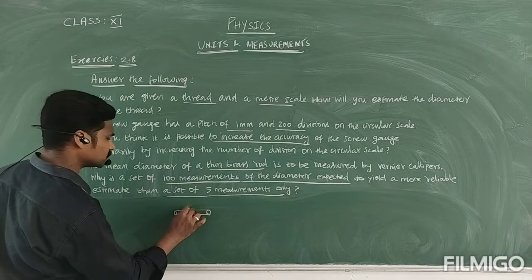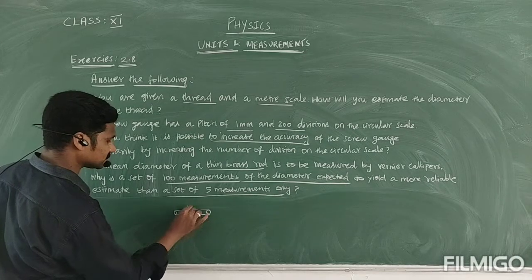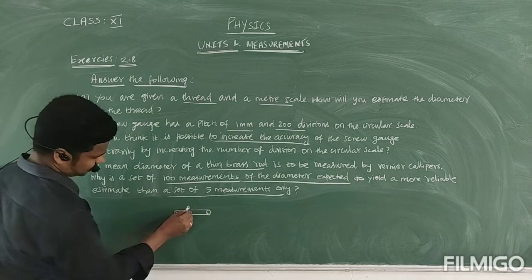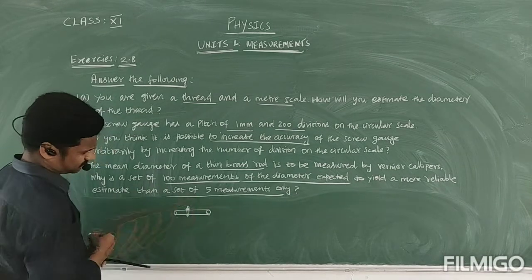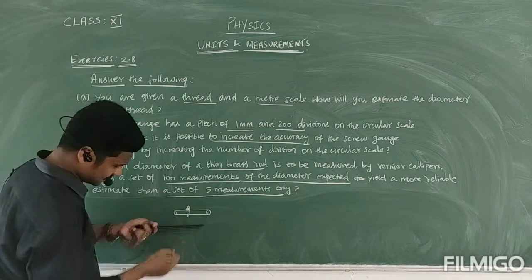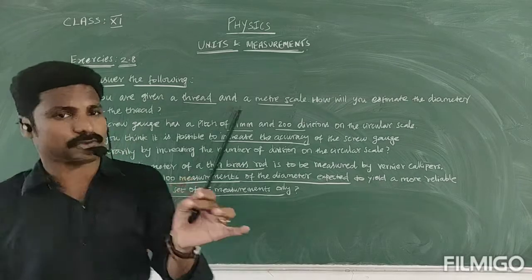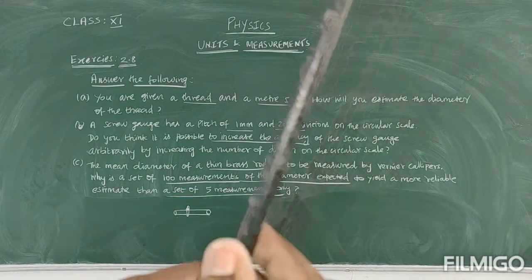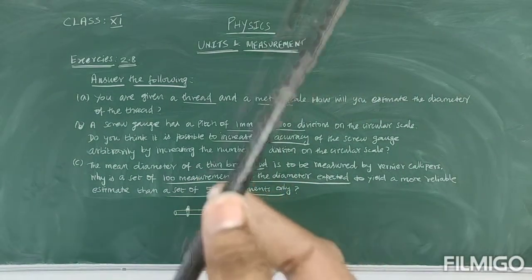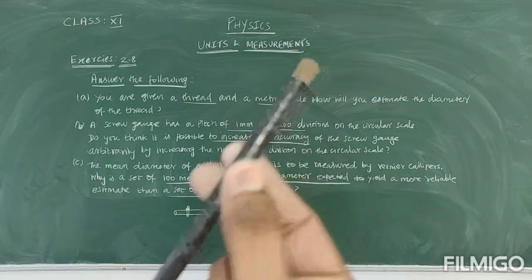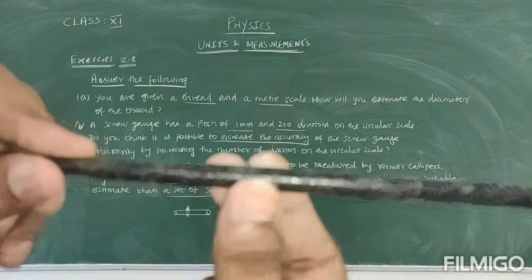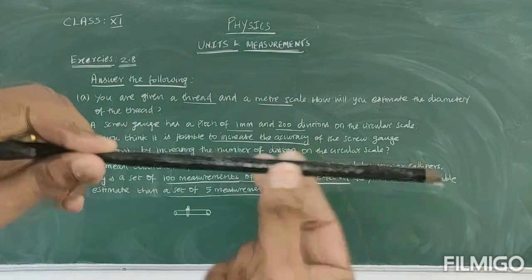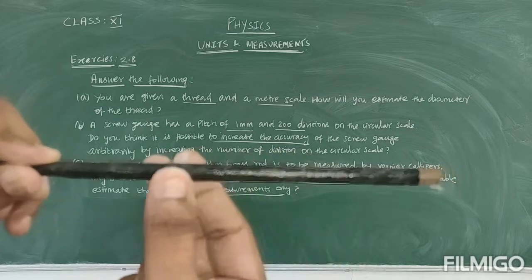Now I have to measure this also, including that disturbance. In some places, actually if you focus, this rod is not uniform. See that this rod is not uniform. It's not a uniform surface. Just observe that it's not uniform.